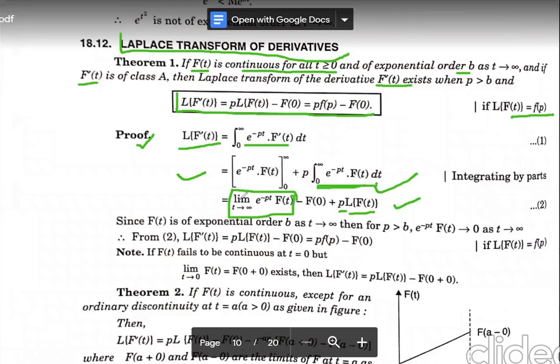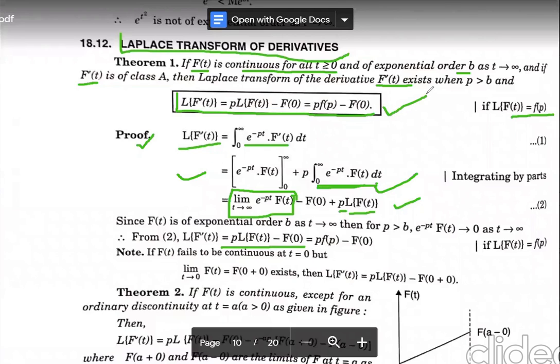So that's why the value of this limit will be 0. So ultimately you are getting p into the Laplace transform of f of t minus f of 0. So this is the Laplace transform of first order derivative.